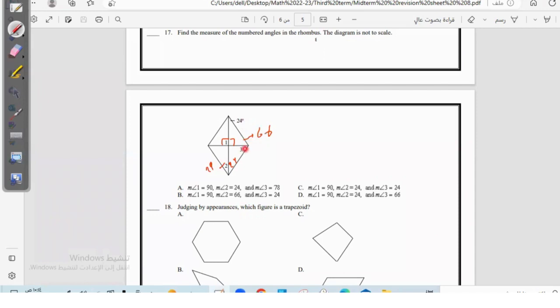And this one is also 66. What about this one? The same here, guys? Yes. So the correct answer is A, B, C, D. Which one? D. Yes.